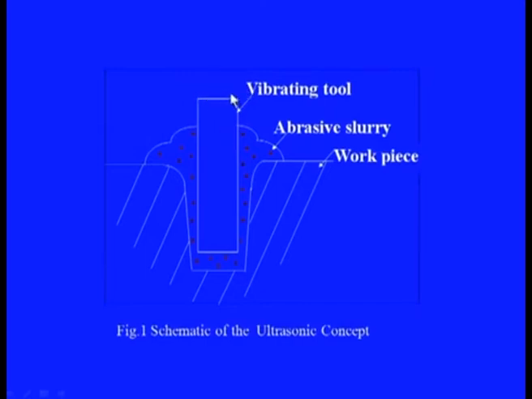As in a normal ultrasonic machining, this tool head will be connected to the horn as well as the ultrasonic generating equipment, and this is the abrasive slurry which will be introduced into the gap between the tool and the workpiece.